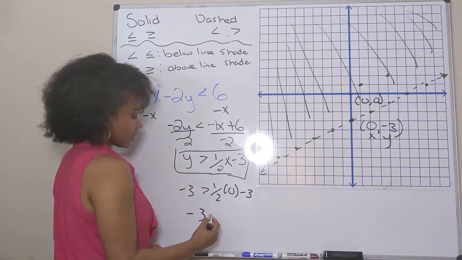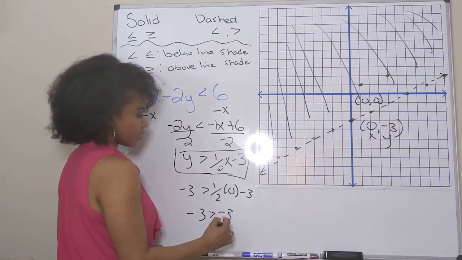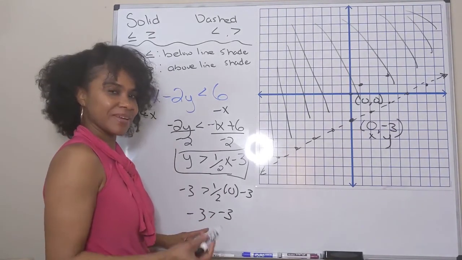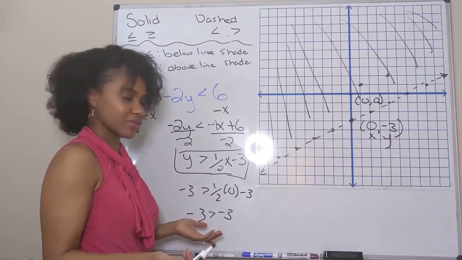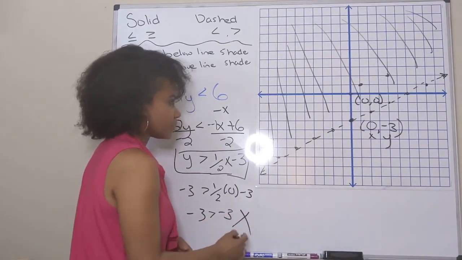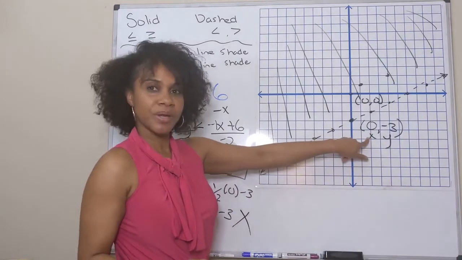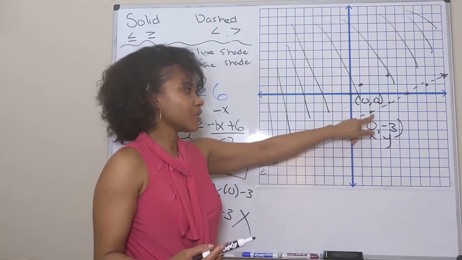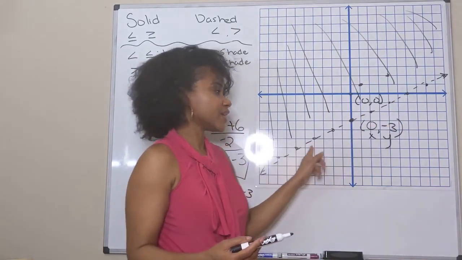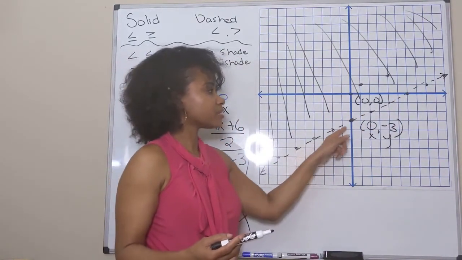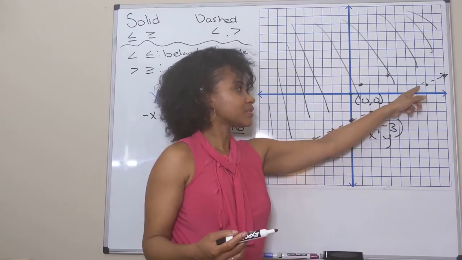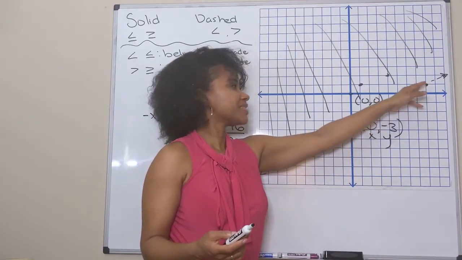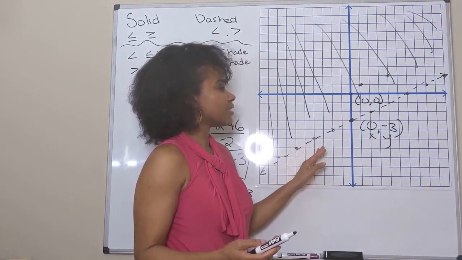I'm left with negative 3 is greater than negative 3. That is not a true statement. Negative 3 is equal to negative 3. So that is a false statement. And so that ordered pair 0, negative 3 would not be a solution, even though it is on the line. And we know that because it's also a dashed line. So no ordered pairs on the line are solutions to this inequality.